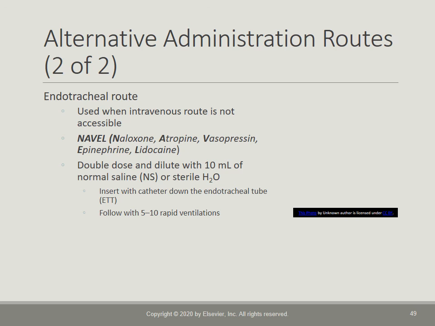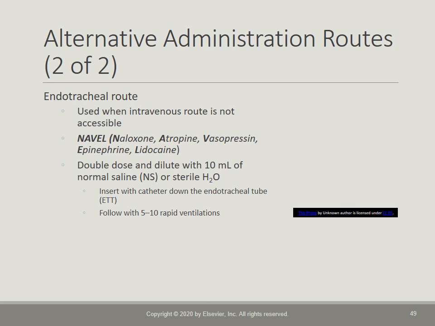Endotracheal administration is used when the intravenous route is not accessible, nor are you able to put in an intraosseous route. Naloxone, atropine, vasopressin, epinephrine, and lidocaine can all be given by the ET tube.